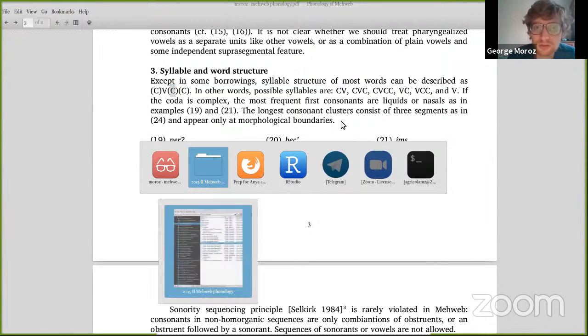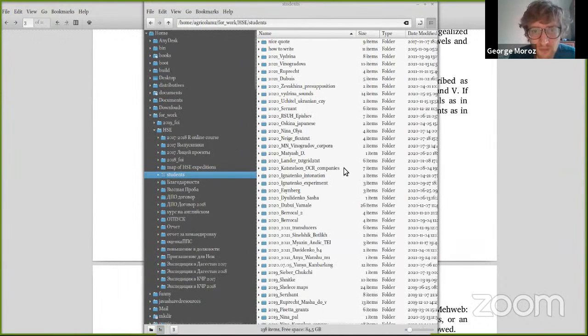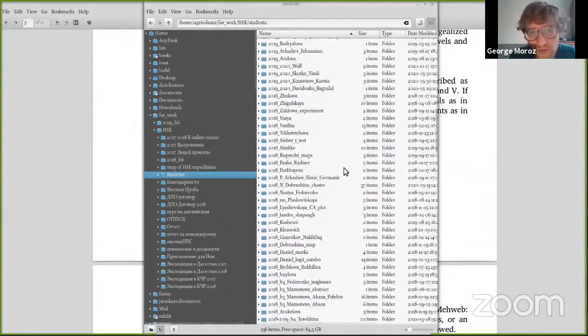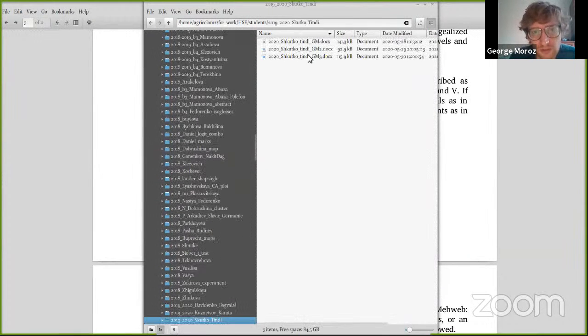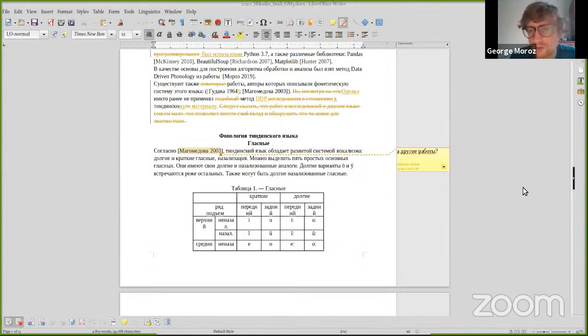Another thing is that syllable structure complicates things, but we have some students who worked on it. I'm not happy with their work because it appears it was done at the last moment.